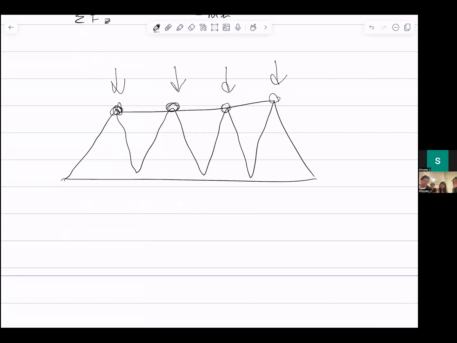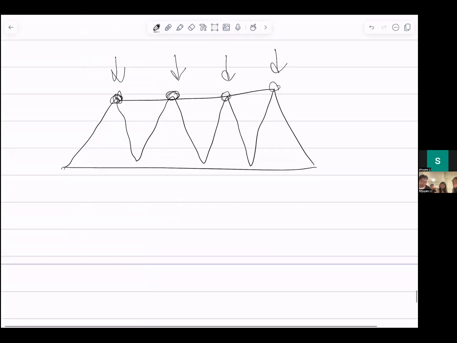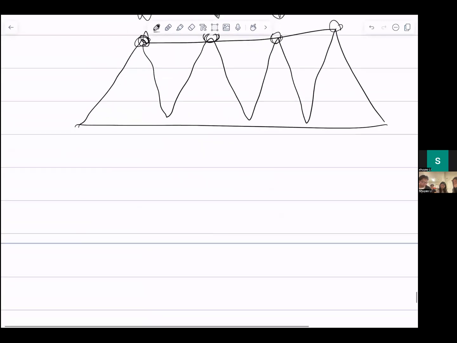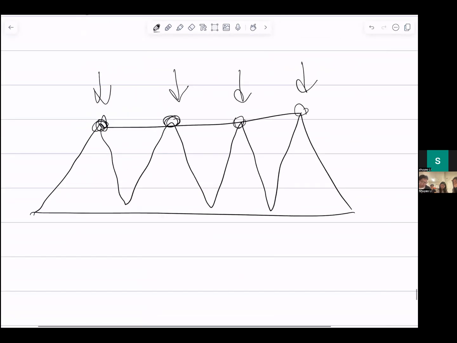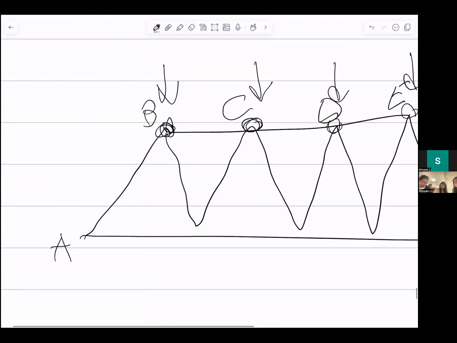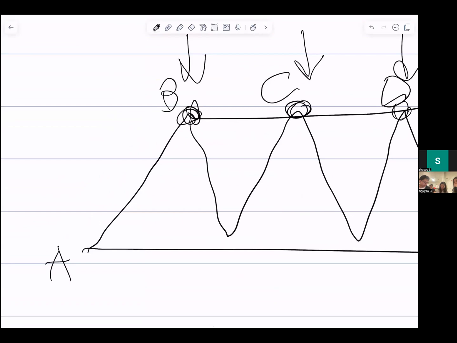Another assumption that we make is that a truss has two force members only, meaning that let's label the image that we have as A, B, C, D, E, and then F. Instead of saying that A has a force going here, and then B has its own force, they are two pinned joints together.